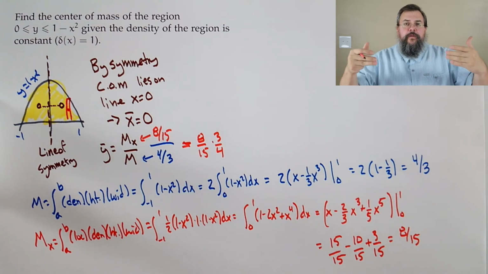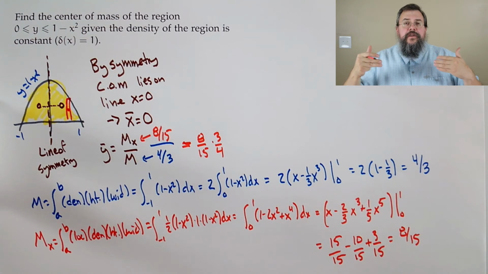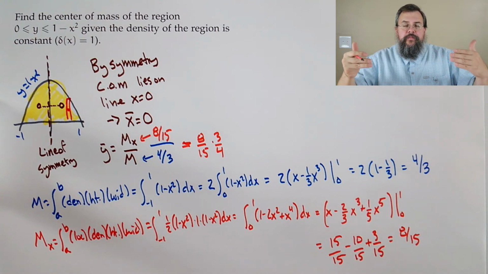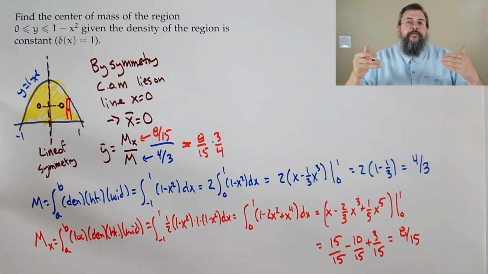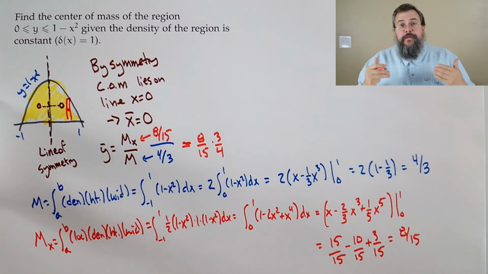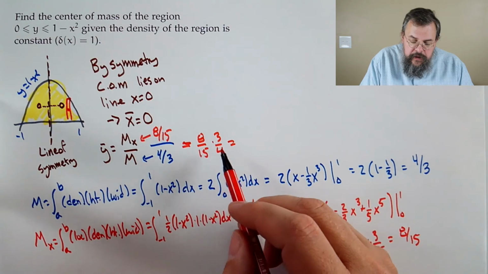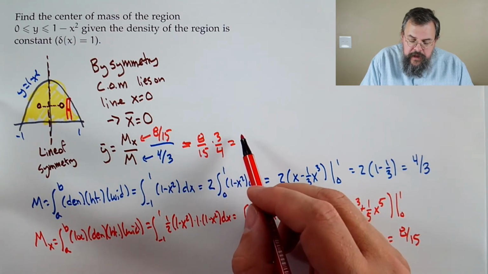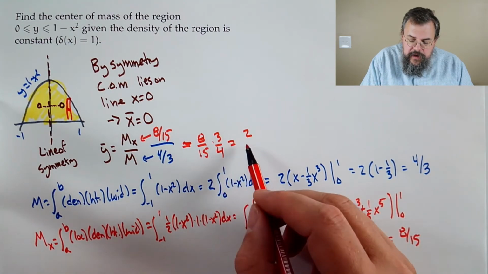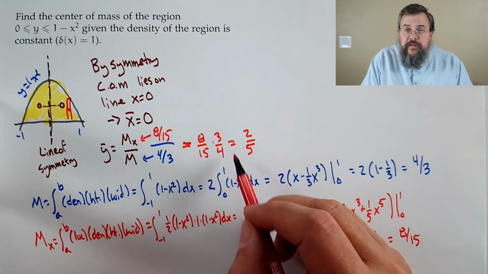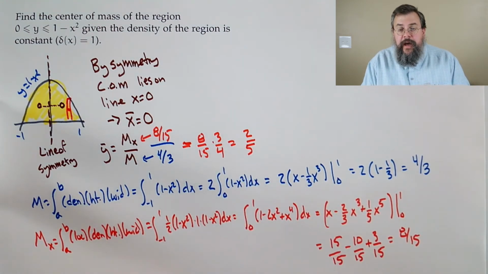And therefore, from the perspective of y, there's still the same mass at every height y that there was before, so the center of mass with respect to y will still be the same. And so that's why we see, for example, 4 goes into 8 leaving us with 2, 3 goes into 15 leaving us with 5. We get the same y coordinate for the center of mass.